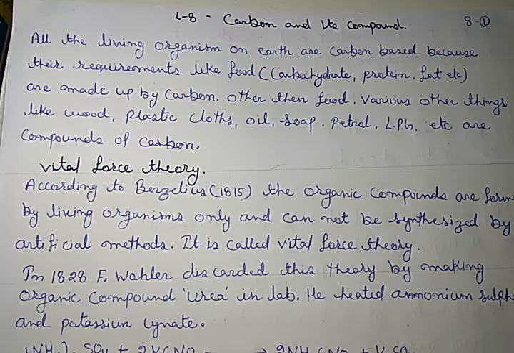If we consider the importance of carbon in our daily life, then we can say that all the living organisms on earth are carbon based. That means we are carbon based organisms, because our essential and non-essential requirements, primary or secondary requirements, that means food, and secondary requirements like clothes, shelter, etc., are all carbon based.